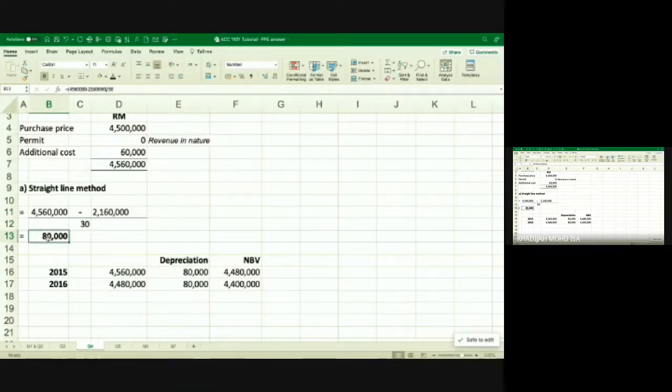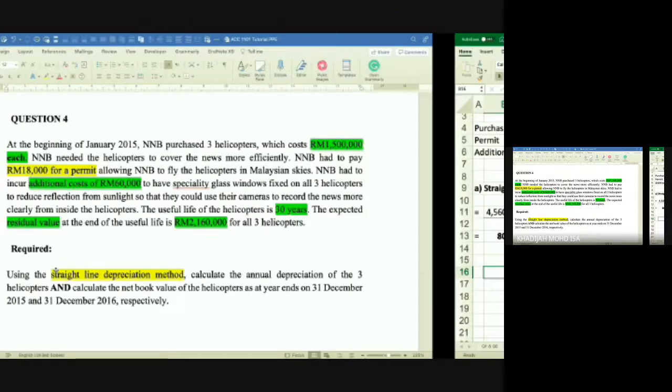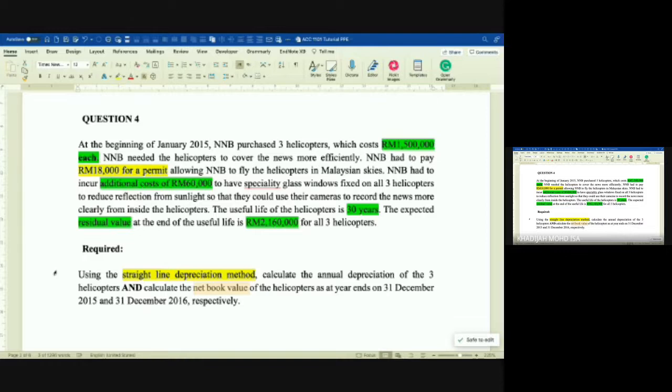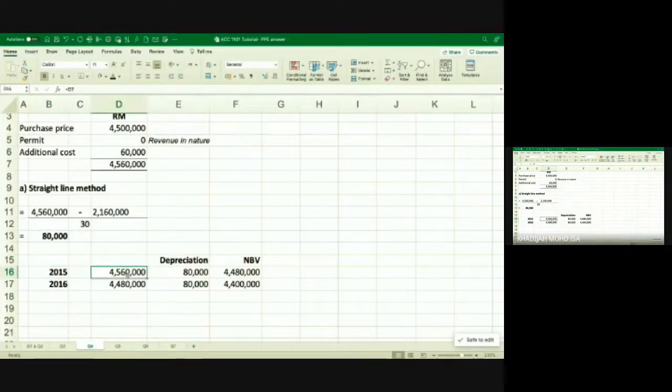Right, 80,000 per year. It means that for 2015, you bought in January 2015. So if the first year you have a cost of 4.5 million plus 60,000, you have 4,560,000. This is your cost. And then cost minus your depreciation for the year of 80,000, now you have the net book value.